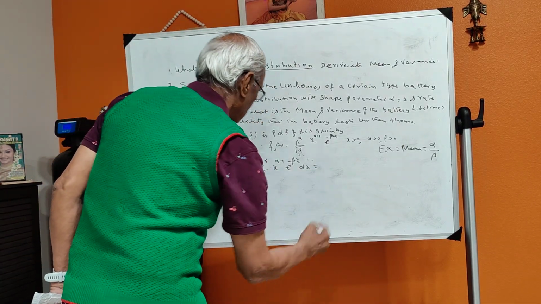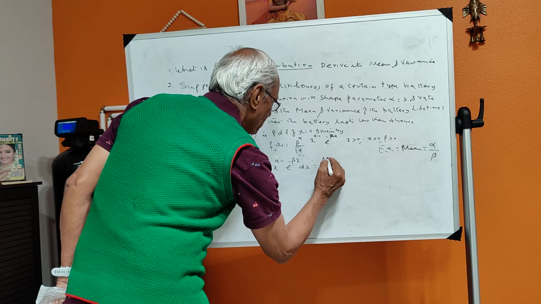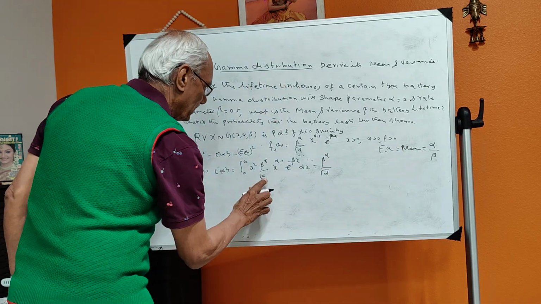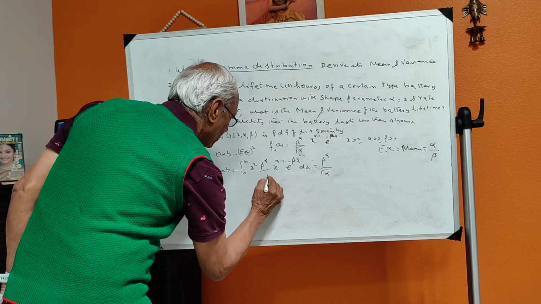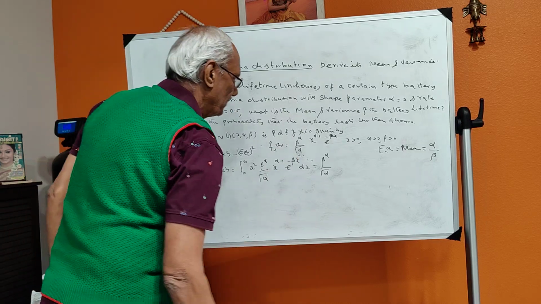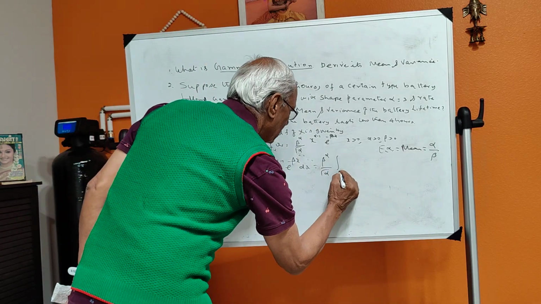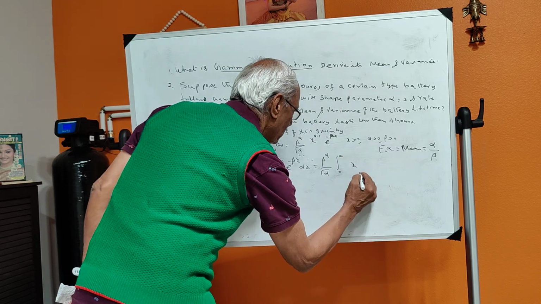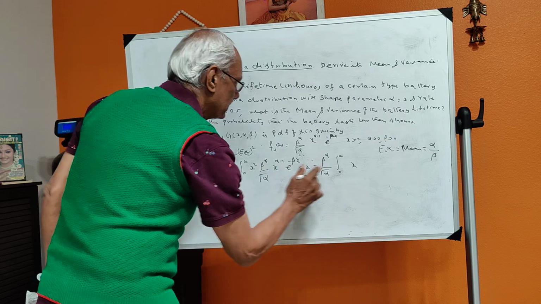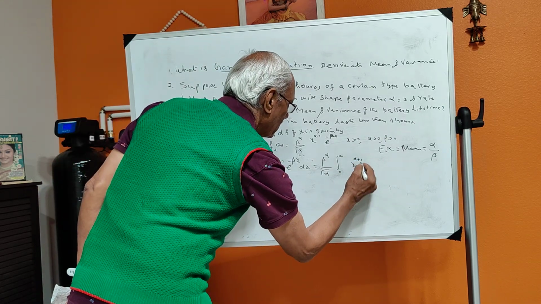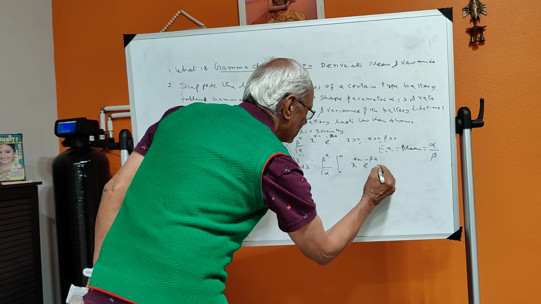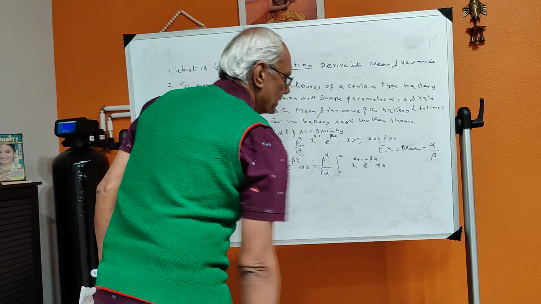Now this is equal to beta to the power of alpha divided by gamma of alpha into the integral from 0 to infinity of x to the power of alpha plus 1 into e to the power of minus beta x into dx.